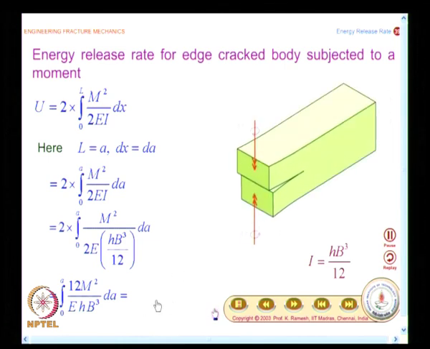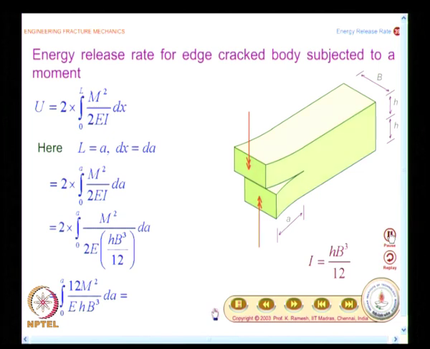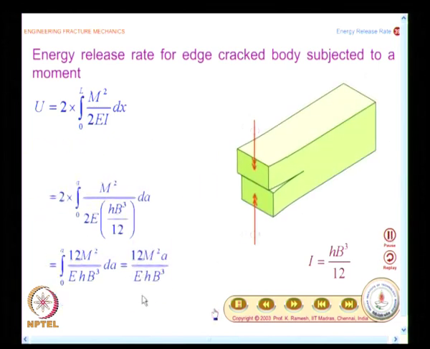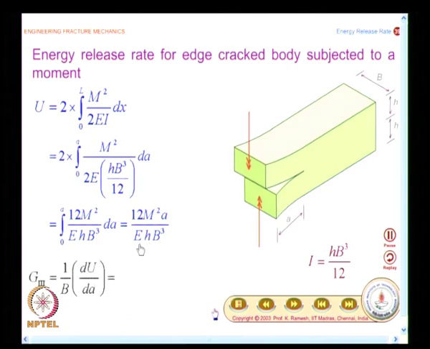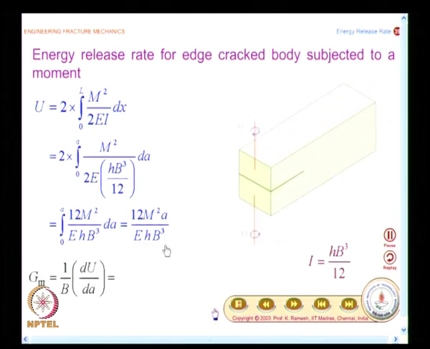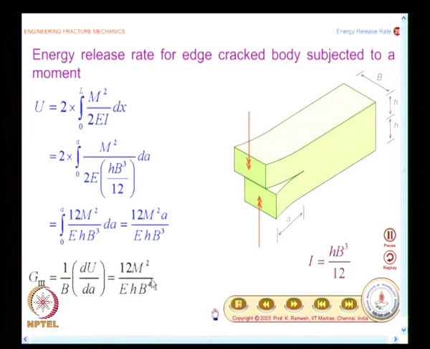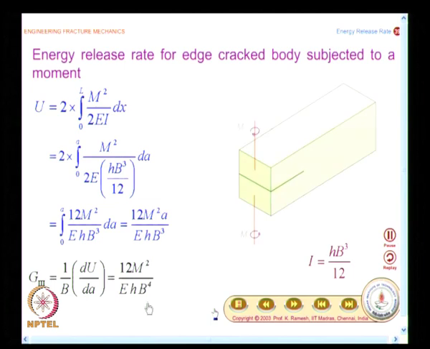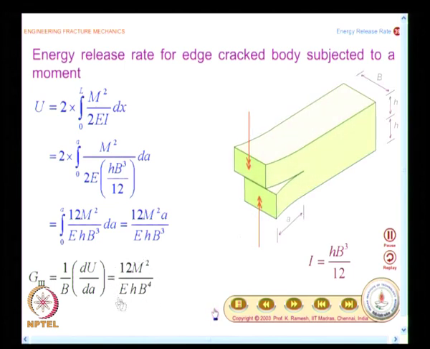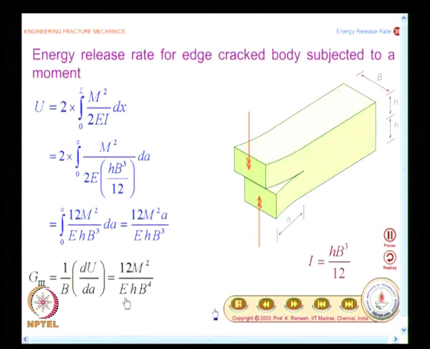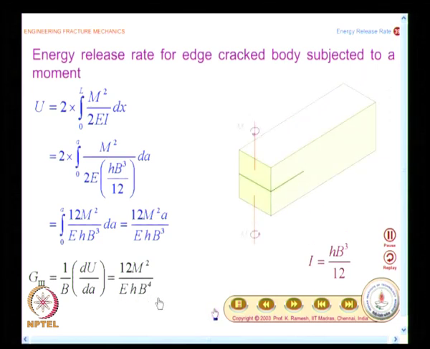And you get the final expression, which is given as 12 M squared a divided by E h b cubed. So, for this problem, which is a mode 3 situation, the value of G is given as 1 by B dU by da, that gives you 12 M squared divided by E h b power 4.